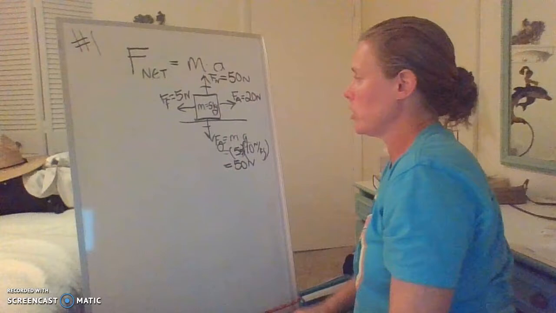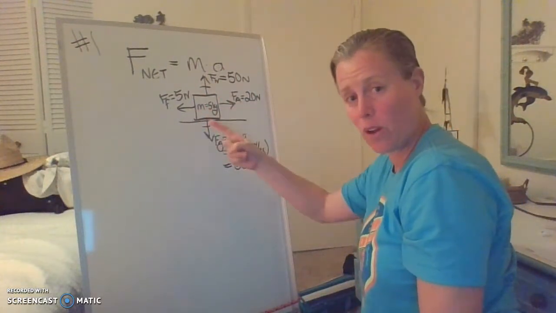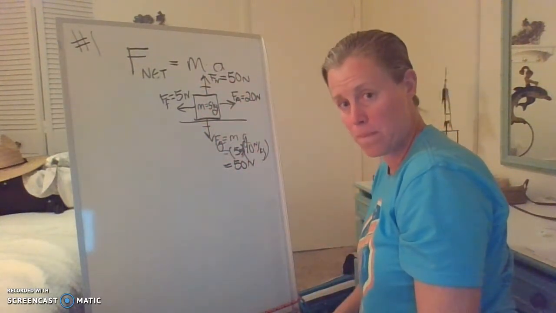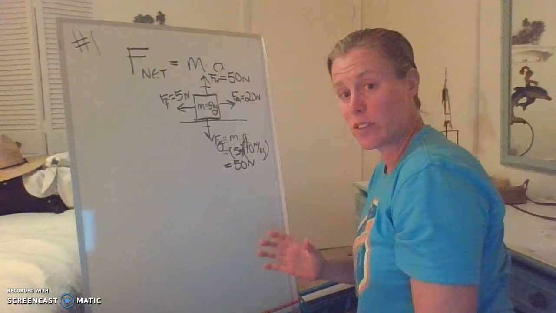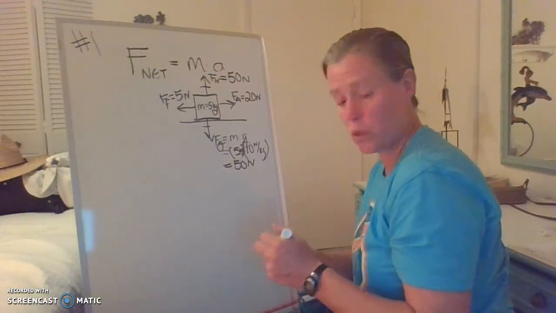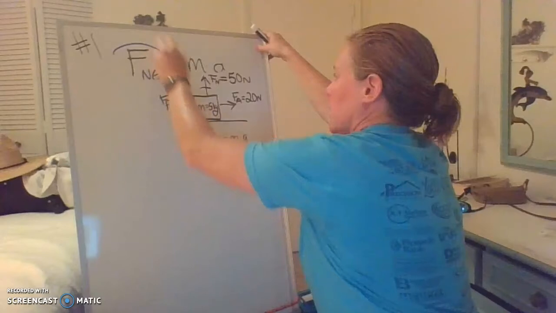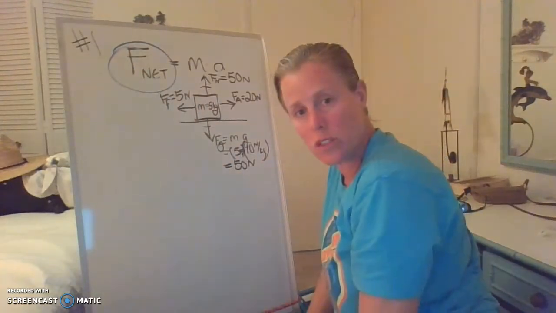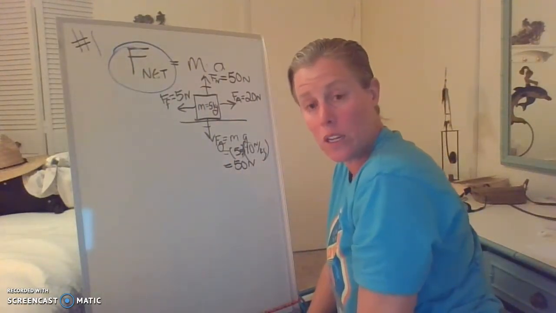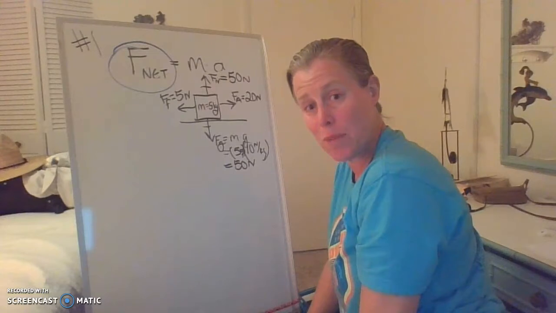Ultimately, if I can figure out all the forces on the free body diagram, I have to ask myself a question: do I have a net force? Meaning, are the forces balanced or unbalanced?